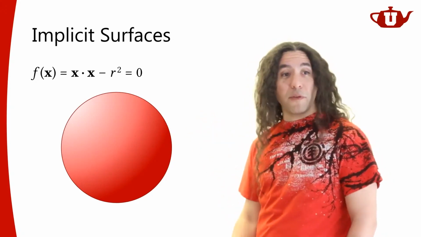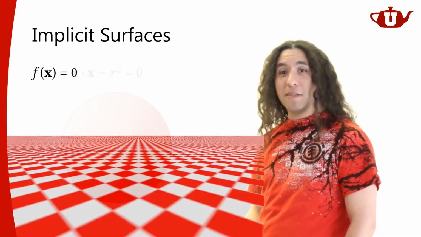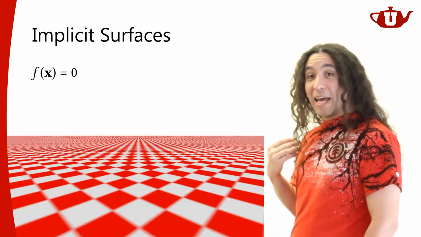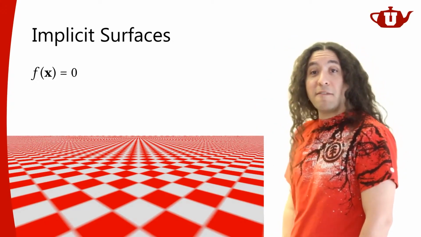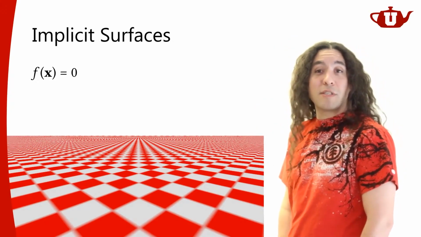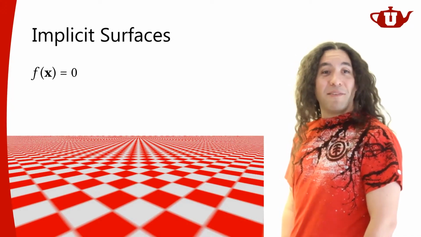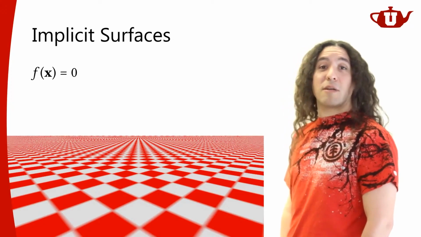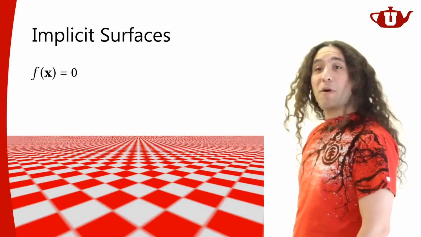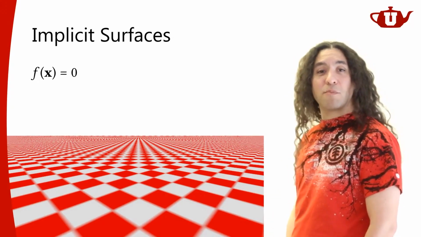The other one, which some of you mentioned in the chat, is an infinite plane. An infinite plane is infinitely difficult to represent using anything else. But with an implicit formulation, an infinite plane is fairly easy to represent. So what's the implicit equation of a plane like this?